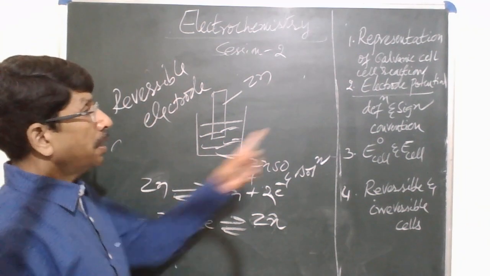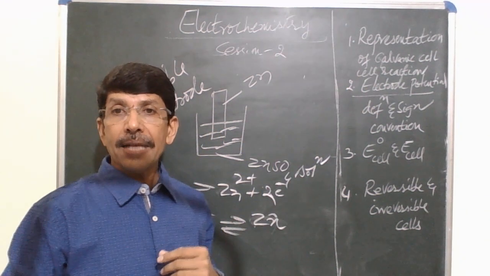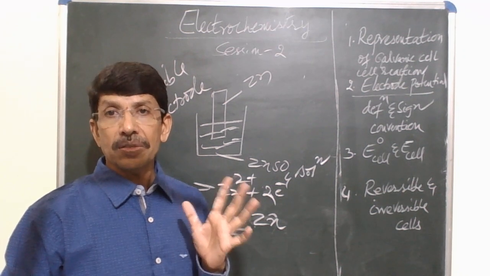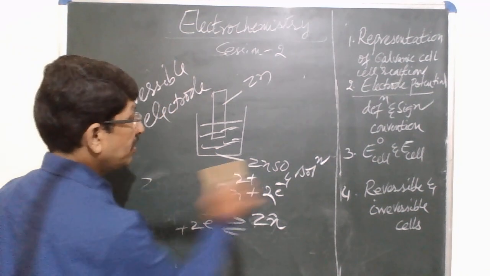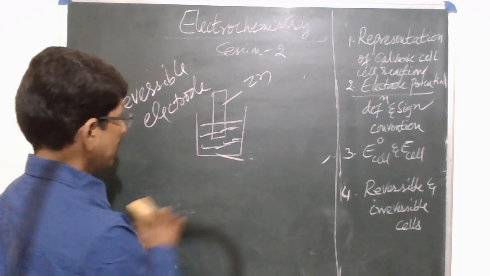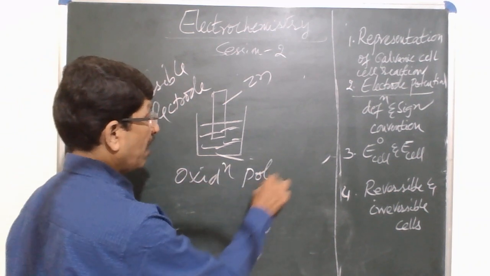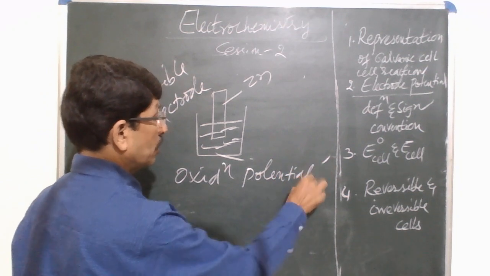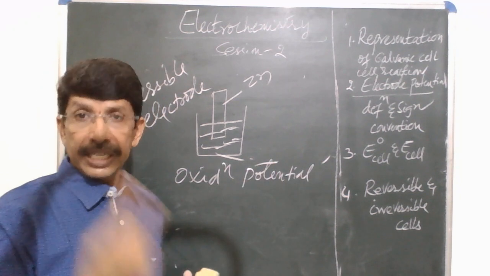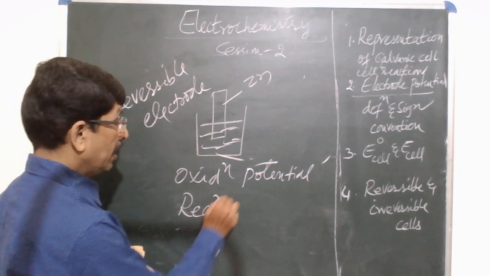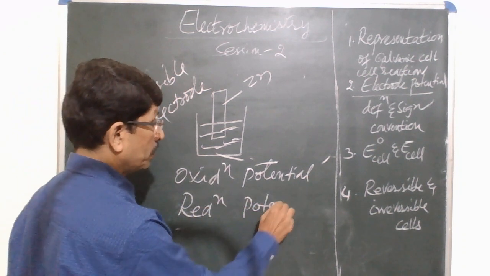Here, electrode potential is defined as the tendency of the electrode to lose or gain electrons. If it loses electrons, the potential developed is called oxidation potential. Whenever oxidation takes place at an electrode, oxidation potential develops, and if reduction takes place at the electrode, reduction potential develops.